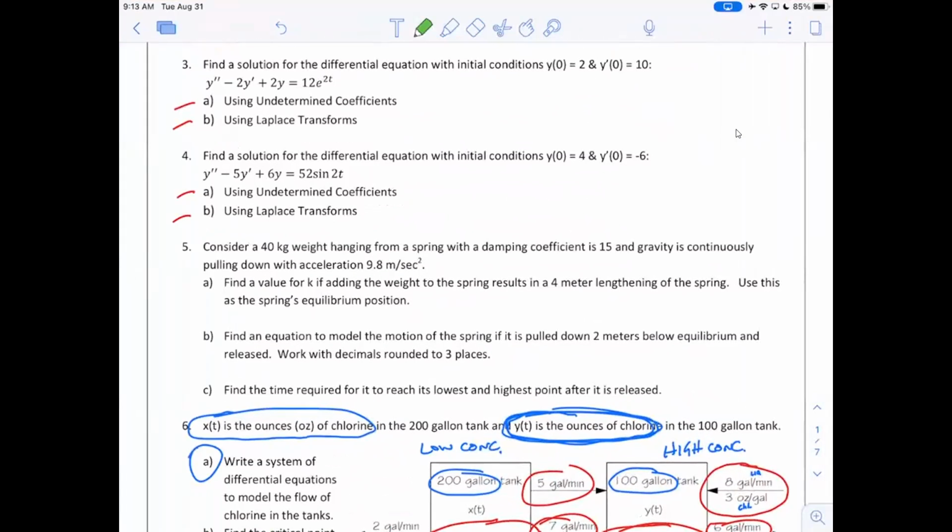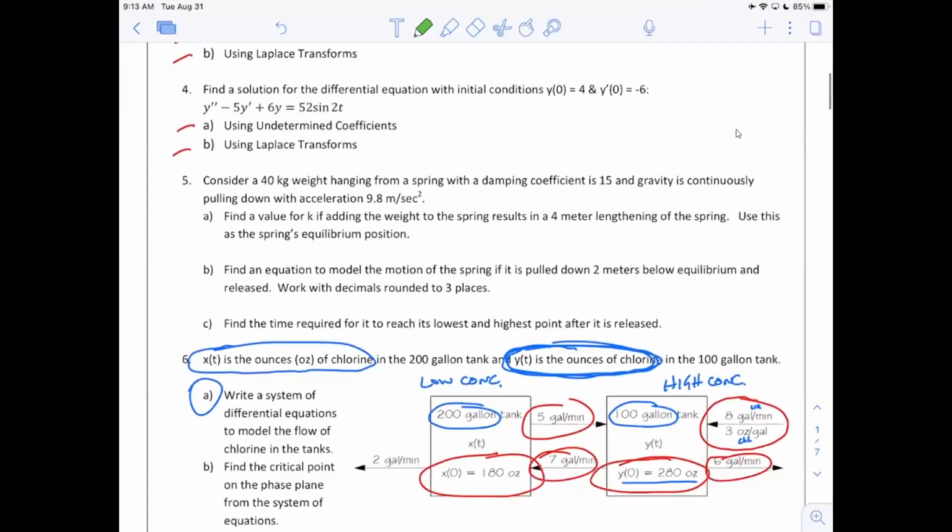Which method would you like to look at? Undetermined coefficients or Laplace transforms? Method A, because I think Laplace transforms we've been working with. Got it. The equation is y double prime minus 5y prime plus 6y equals 52 sine of 2t.